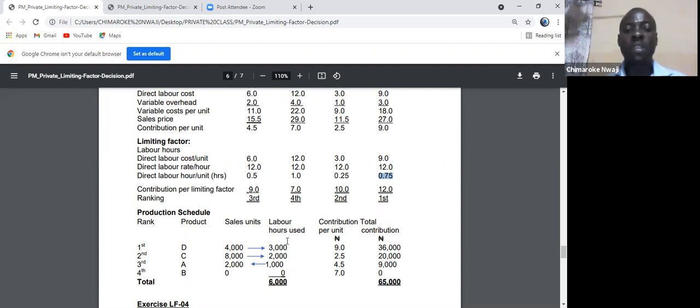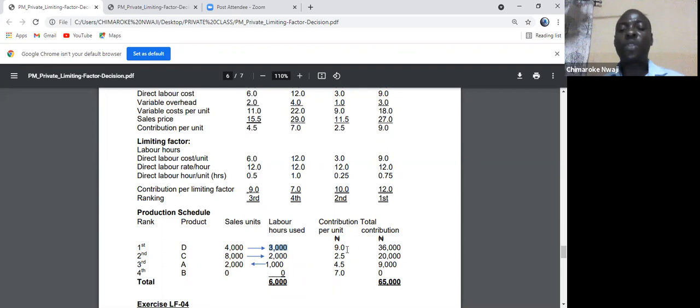It means 3,000 of your scarce resource will be used here when we make the whole of 4,000 units. And you see that 3,000 is a far cry from 6,000. That means we can fully satisfy D.